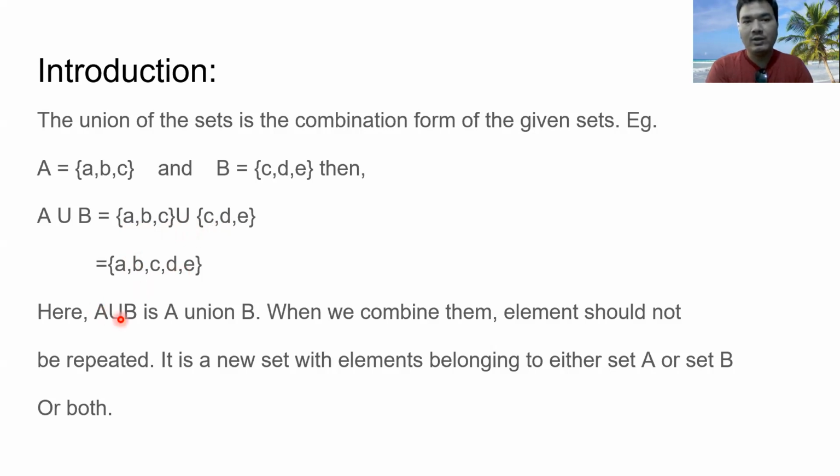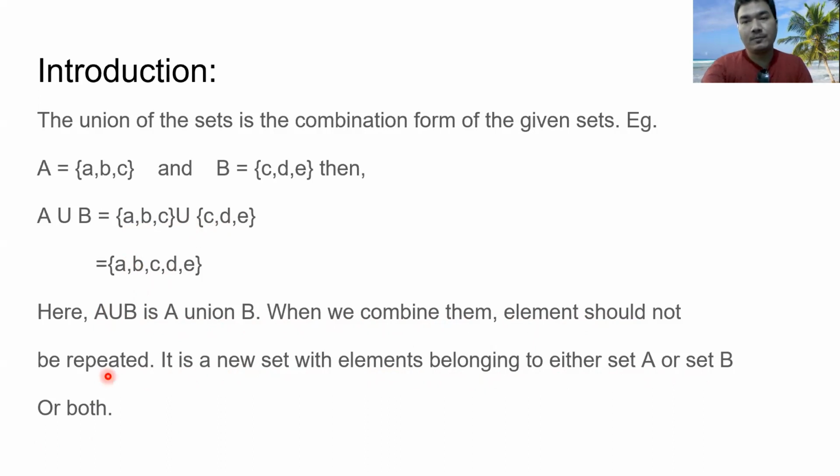When we combine them, elements should not be repeated. It is a new set with elements belonging to either set A or set B or both. Okay, that is A union B.